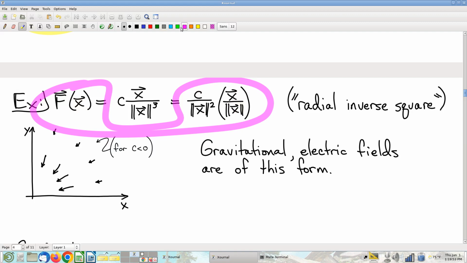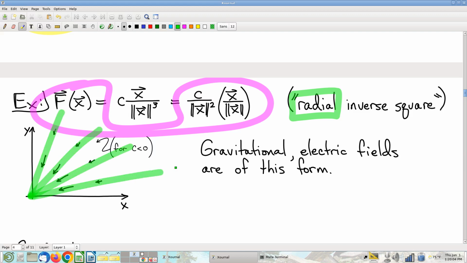What I mean by radial is that all the field vectors point along these lines, you might say radial lines coming out of the origin. And how do I know that all these field vectors, in fact, do point in that way?